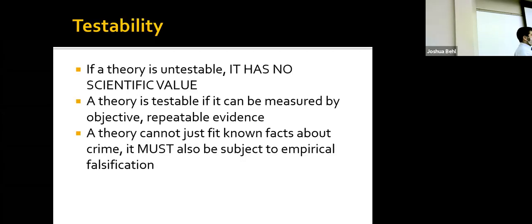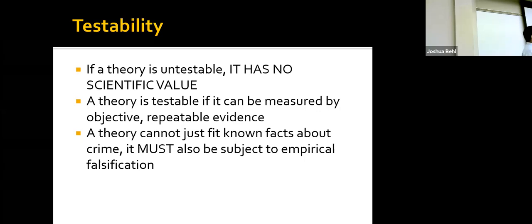Testability. This is something that drives people nuts, right? If a theory is untestable, it actually has no scientific value. This is where, not in every case, but in a lot of cases, the schism between sociology and criminology happened that made them separate fields. Criminology used to be a subfield of sociology, and in fact, it was just the sociology of deviance, right?